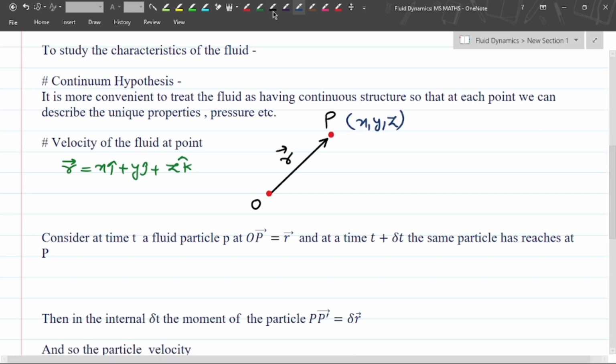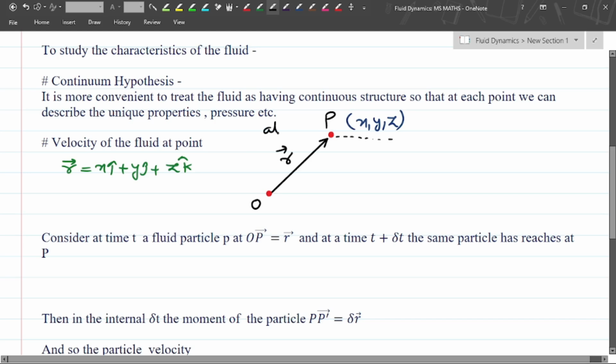Now after some time, obviously the fluid is in motion, it is not in a stationary state. So at time t the particle is at point P, and after some delta t time the point will be here.